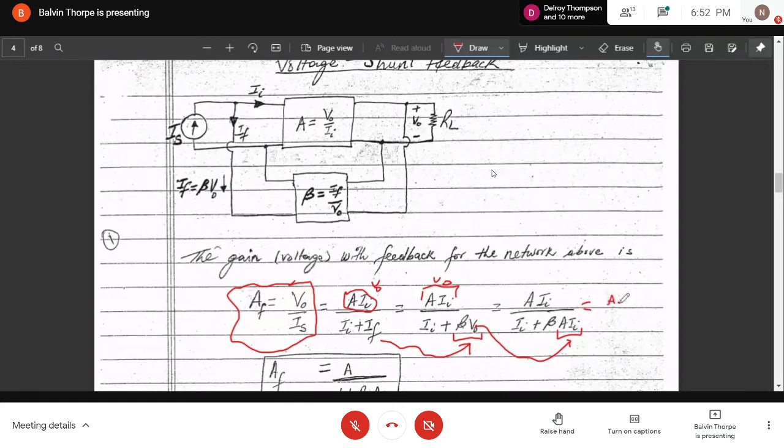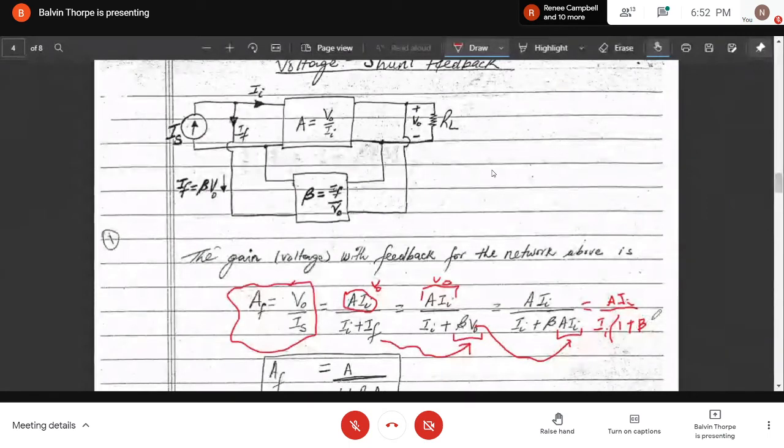We make this be VO, because we know that that is VO already. So therefore, we have this expression now, which means we can actually factor II out of the denominator to make this become what?